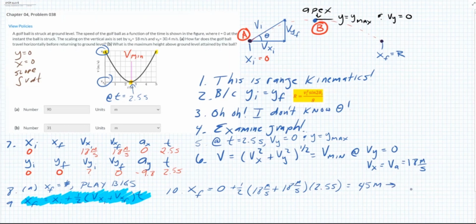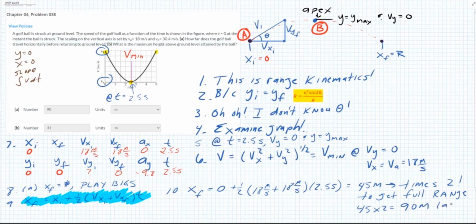But now, multiply that answer by 2 to get the full range, because 2.5 seconds just yields half the range. So 45 times 2 equals 90 meters.